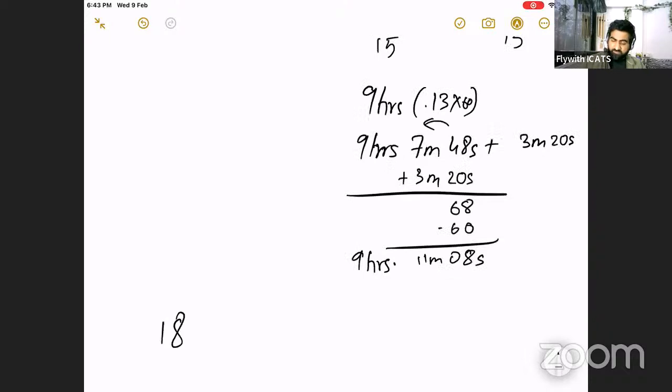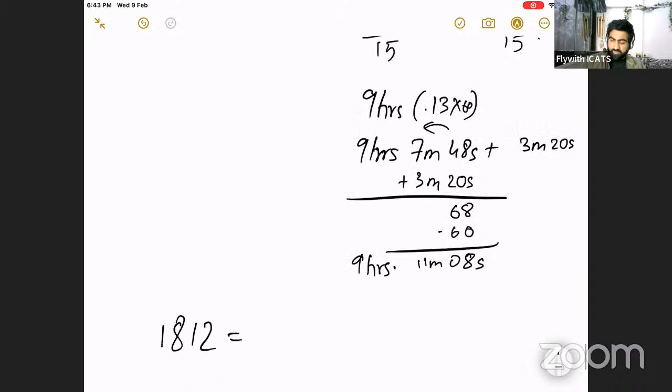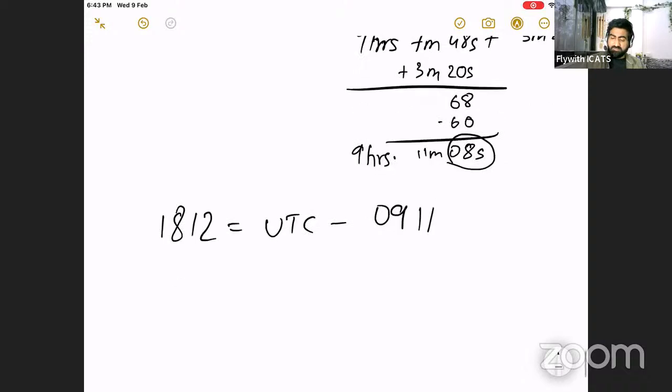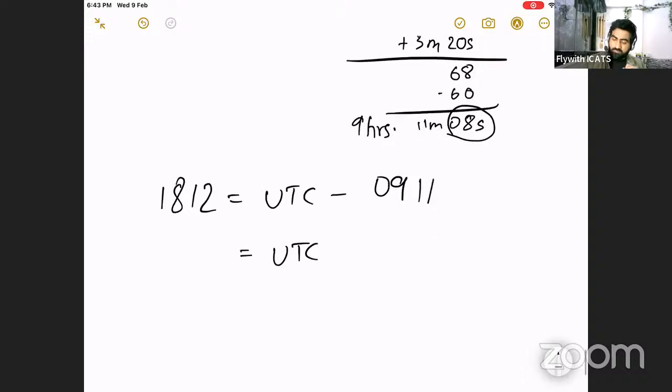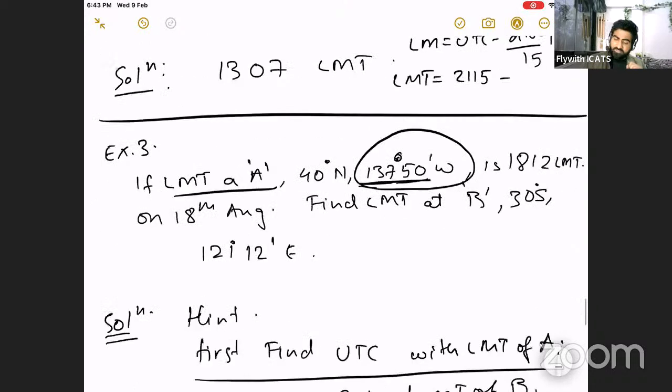So 1812 is equal to UTC minus 0911. You can skip 08 seconds because it's less than 30 seconds. Okay. So UTC is equal to 1812 plus 0911. And this 1812 we have to remember has a date, which is 18th of August.